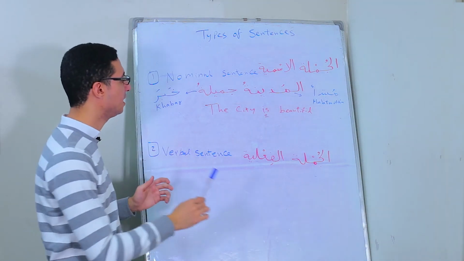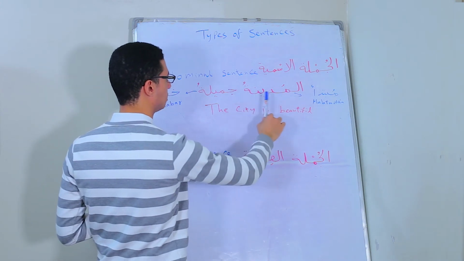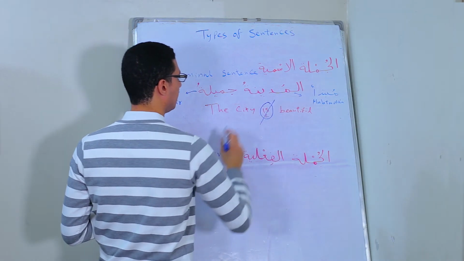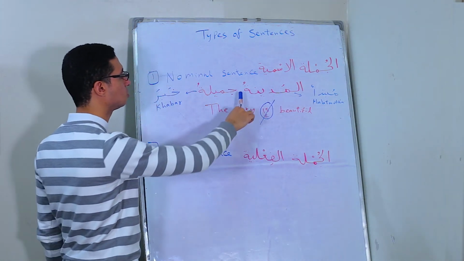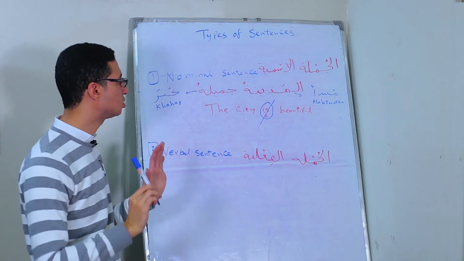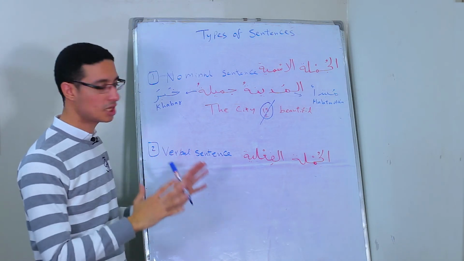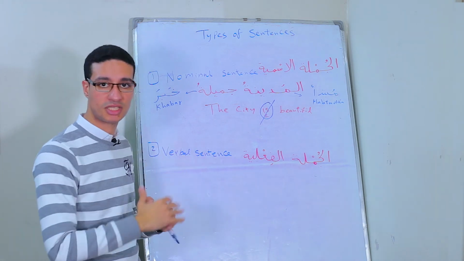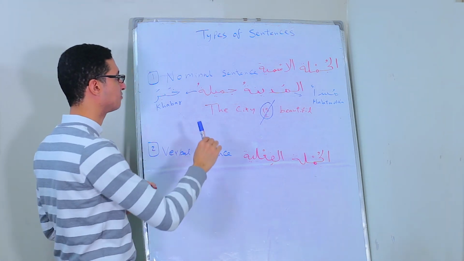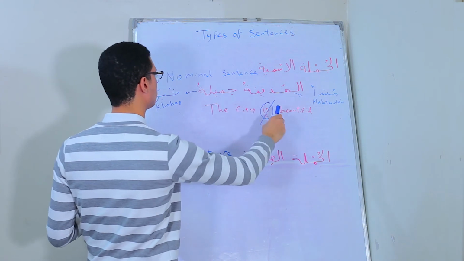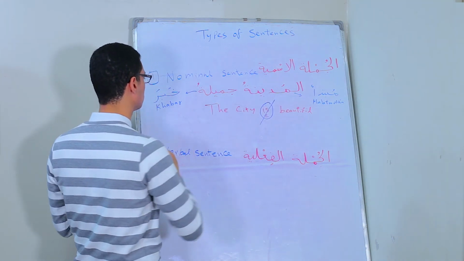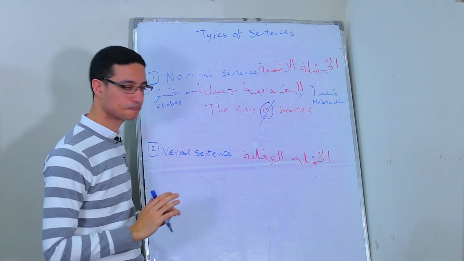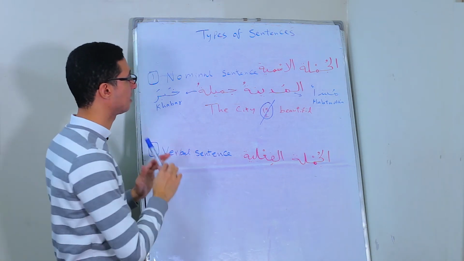As you see, the verb to be is not used. We just wrote the city beautiful. There's no verb to be. It exists, but it's used under some conditions. We are going to go through this for intermediate levels. But now we just have to know that the verb to be is not used. Al-Madinatu jamilatu. Just like this. The city beautiful. Okay, this is the first type of sentence, the nominal sentence.